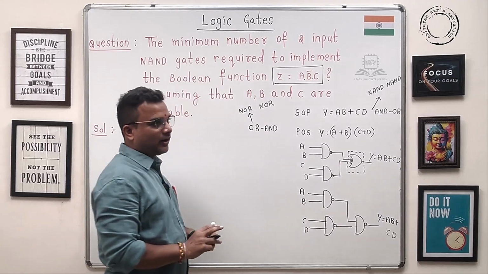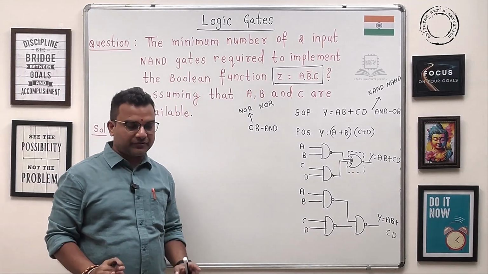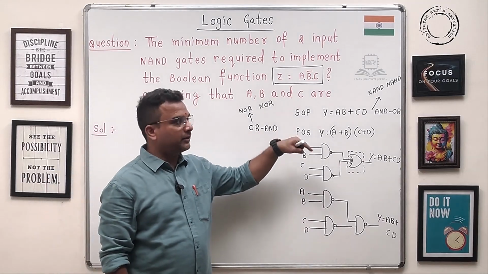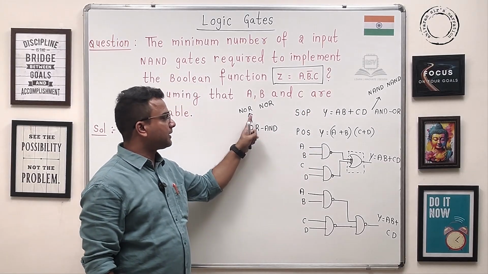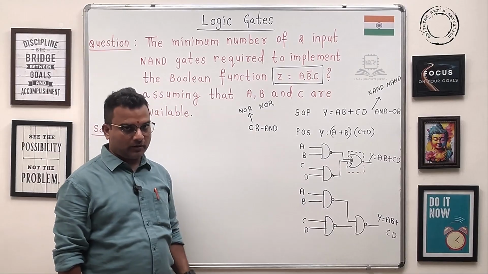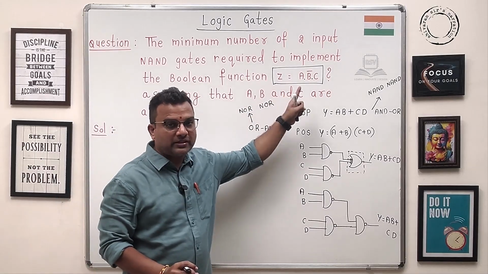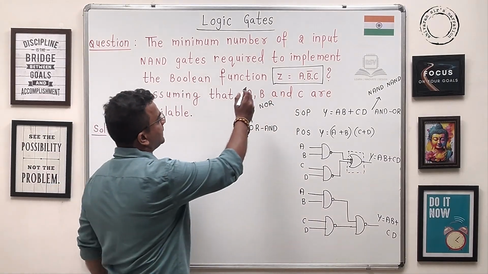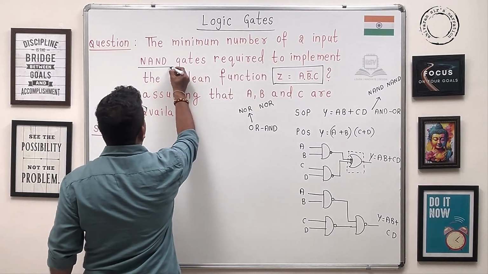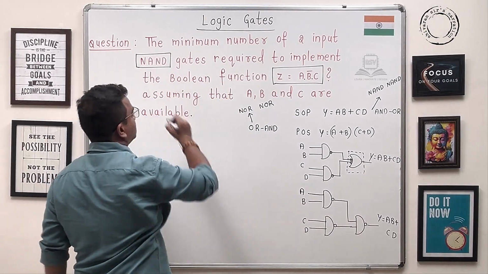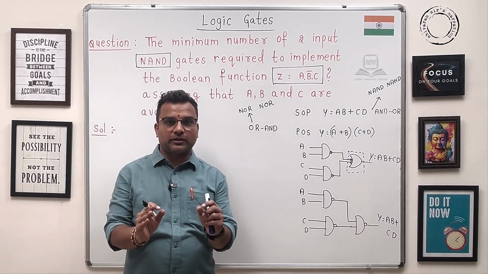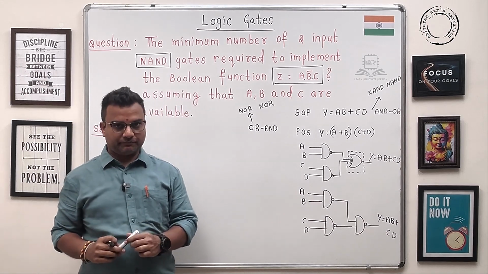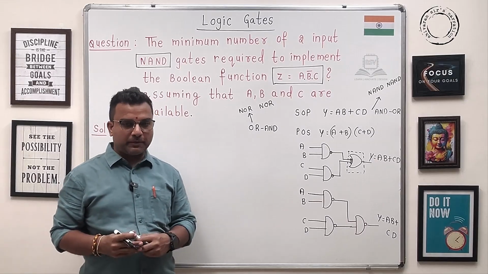Okay guys, usually what we have studied is that AND OR implementation can be implemented by NAND and OR AND implementation can be implemented by NOR. But the given question is in POS format, yet he is asking for 2 input NAND gates. Then how is it possible? It is one of the best questions that you need to consider.